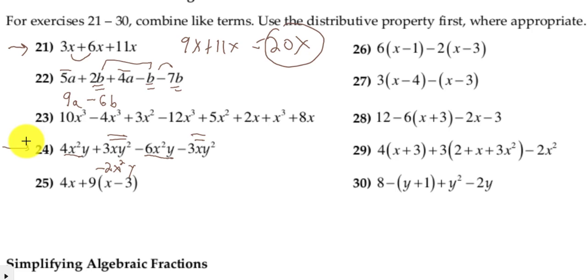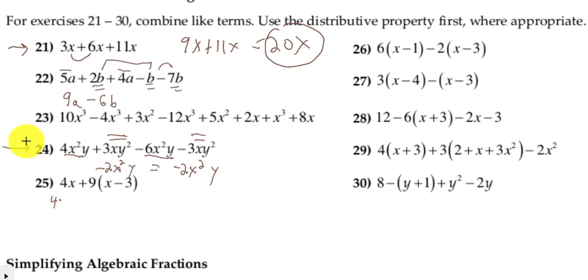So that's 0, right? If I have 3 of something and then I have minus 3 of the same thing, I'm left with 0. So the final answer is negative 2x squared y, right?